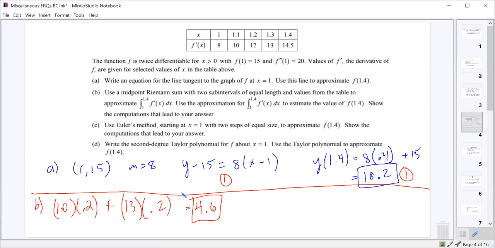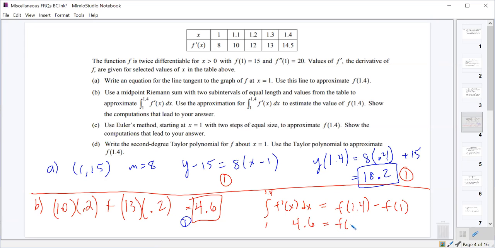So that was worth 1 point, getting that answer of 4.6. Then it wants us to use that value for that integral to estimate the value of f of 1.4. So we should be able to do that by saying that the integral from 1 to 1.4 of f prime of x dx, which is what we just found, should be equal to f of 1.4 minus f of 1. And so we got 4.6 for the integral.